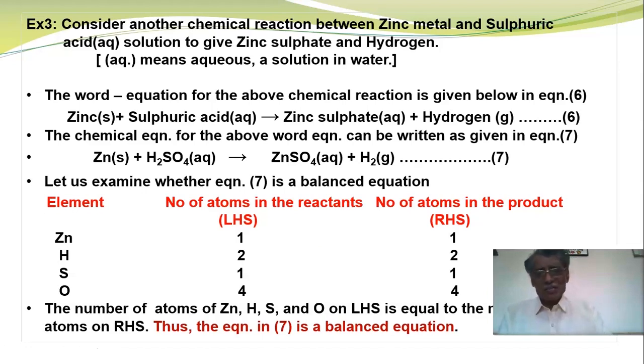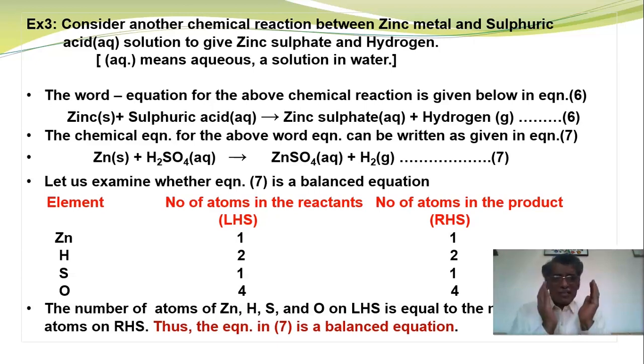Consider another reaction between zinc metal and sulphuric acid. First we write the word equation. Zinc (solid) plus sulphuric acid (aqueous) giving rise to zinc sulphate (aqueous) plus hydrogen gas. The chemical equation is Zn (S) plus H2SO4 (AQ) giving rise to ZnSO4 (AQ) plus H2 (G).